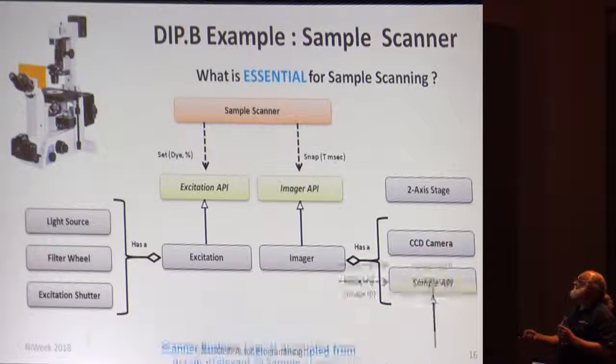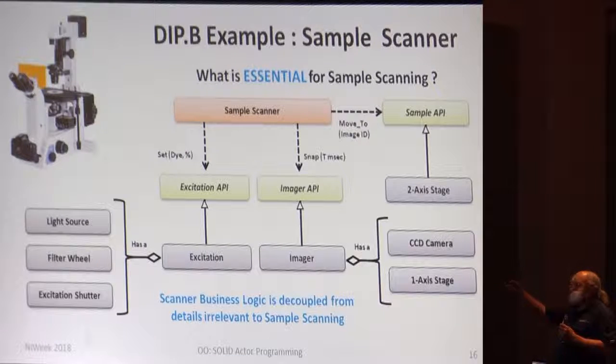The third subsystem is the sample. Sample scanner doesn't care about the X and Y coordinates of the images it takes. It needs to know what row and column of the titer plate it is.